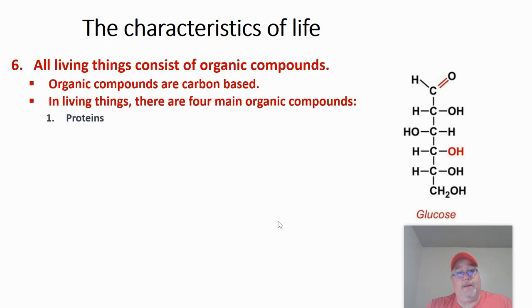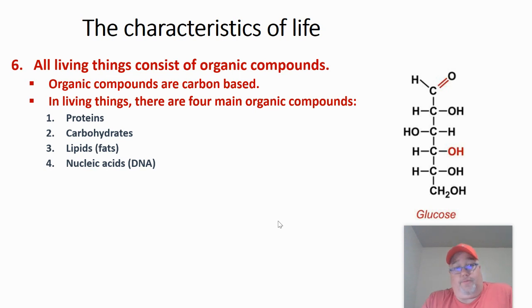Yeah, here we go. One thing I do want you to know, and we'll talk a lot more about this down the road, is that there are typically 4 classes of organic compounds that are found in living things. Proteins, you've probably heard of proteins before. We have to eat protein, right? That's an important thing.